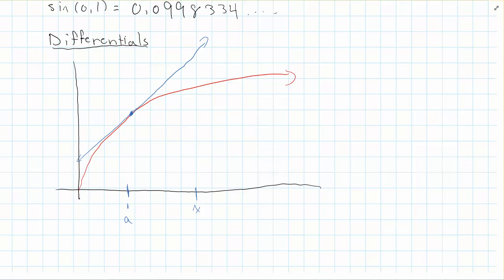I'm doing this purposely to get some distance here so we can draw.